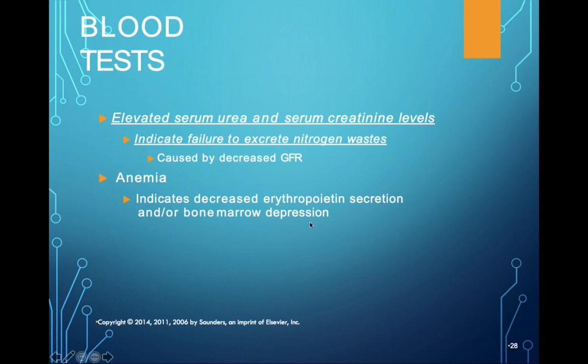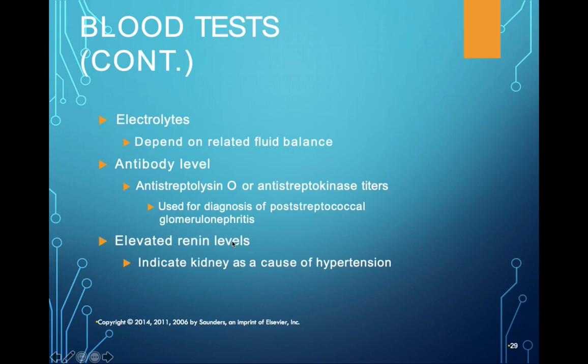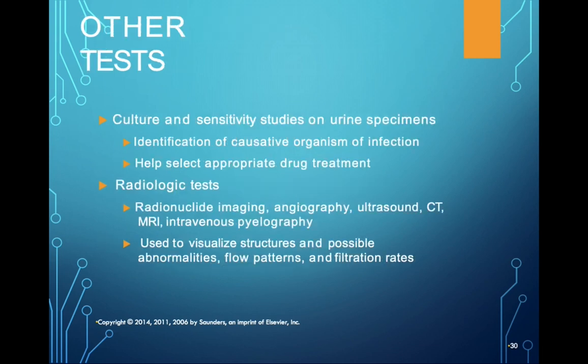Anemia indicates decreased erythropoietin secretion and or the bone marrow is being depressed. Electrolytes are important and can be checked. The antibody levels can also be checked, and elevated renin levels. So there's a multitude of tests that could be done. They'll do cultures as well.